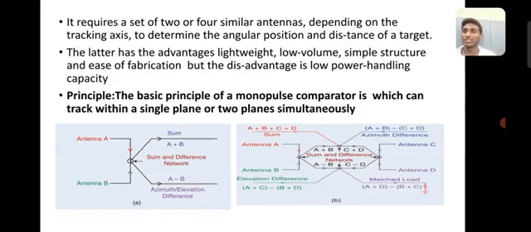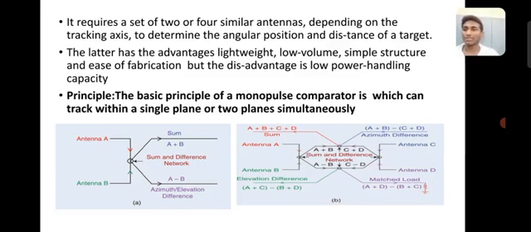It requires a set of 2 or 4 similar antennas, depending on the tracking axis, to determine the angular position and distance of a target. Based upon the construction, angular position and tracking axis, we require 2 or more similar antennas, also known as single planar antenna and double planar antenna.